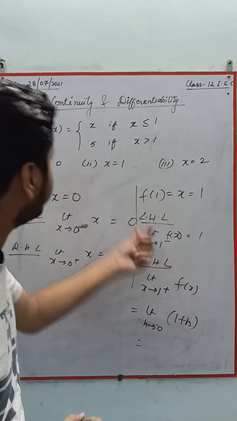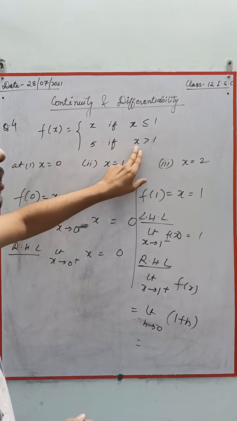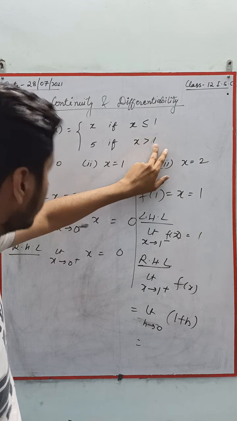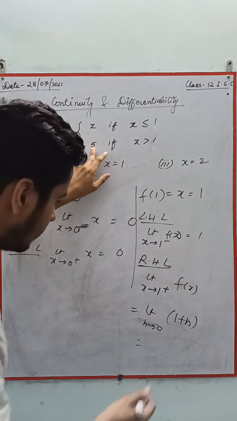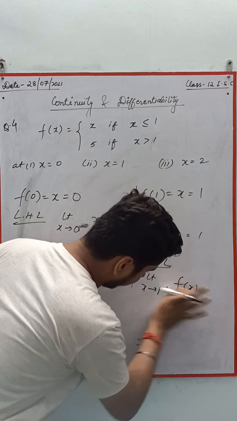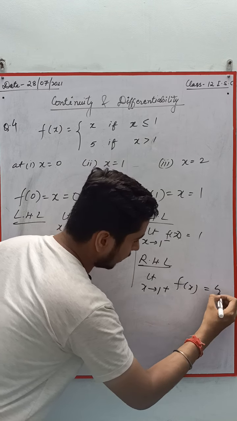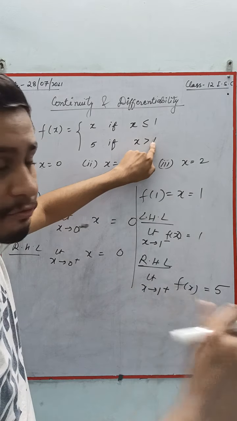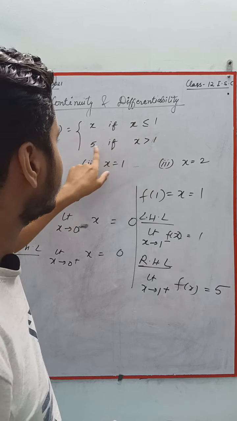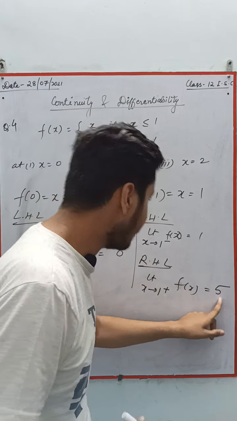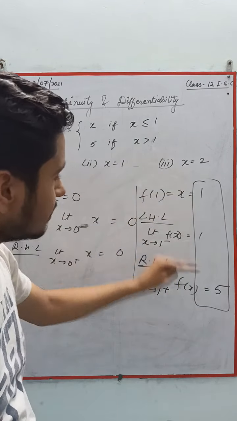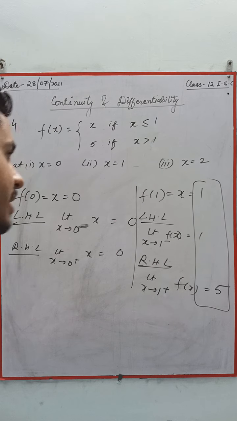But for this we already have the answer, because whenever you take x greater than 1, we will get 5 as the answer. So no need of considering any h, you can directly write 5 as the answer, because we are going to 1 plus, so it is more than 1. Can you see these 3? As these 3 are not equal, it is discontinuous.